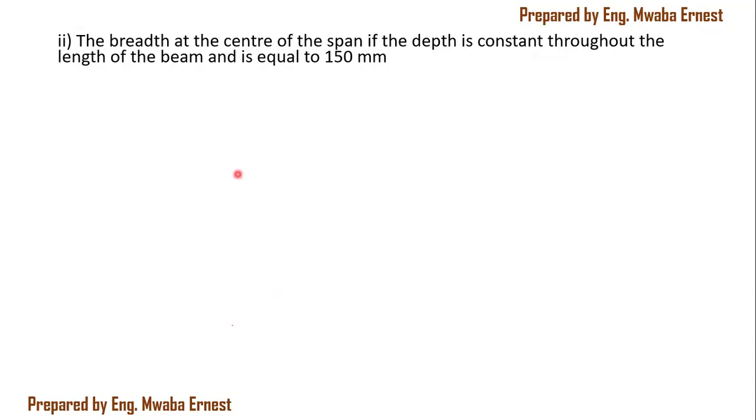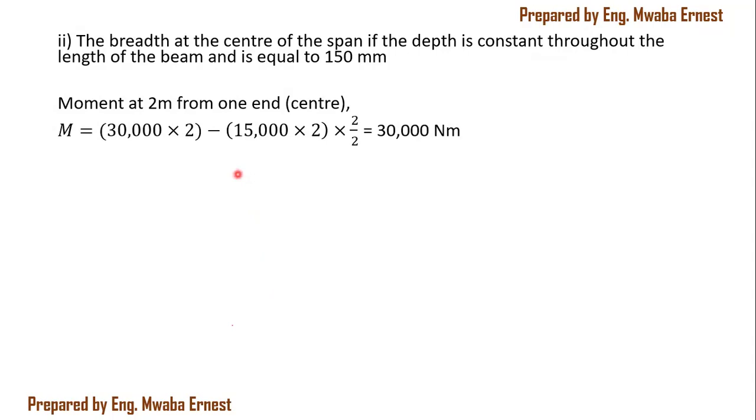Part 2. Now this time around, let's find the width, the breadth B at the center of the span, if the depth is constant throughout the length of the beam and is 150 millimeters. So first of all, the moment is 30,000 by 2, because the 2 is coming from the fact that the whole beam is 4 meters long.